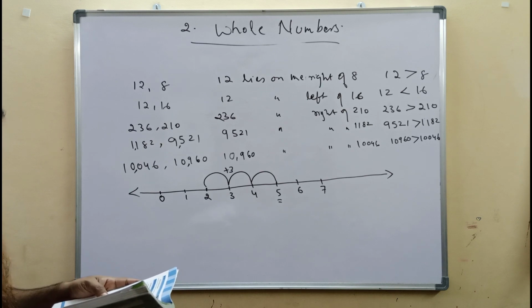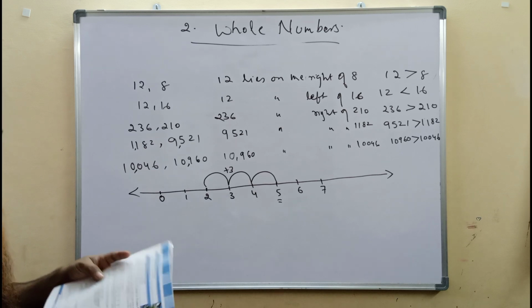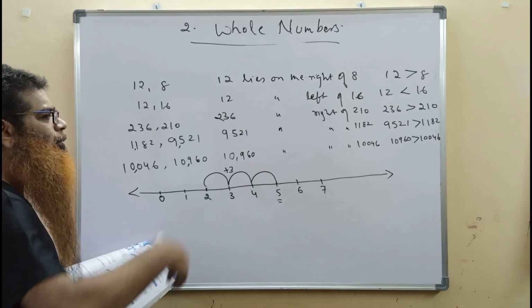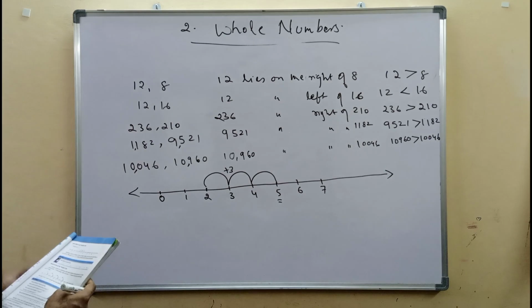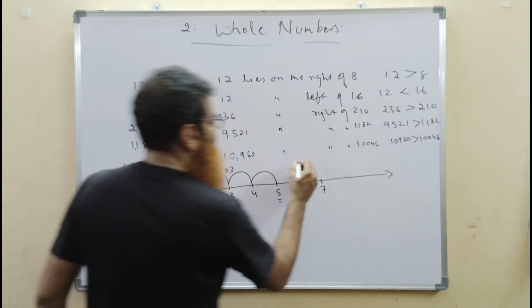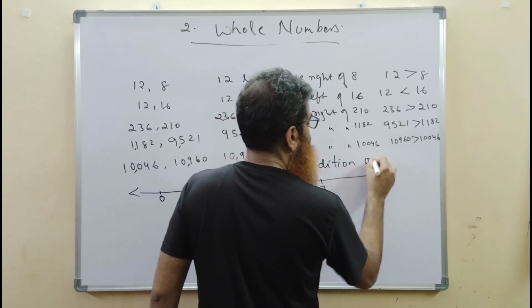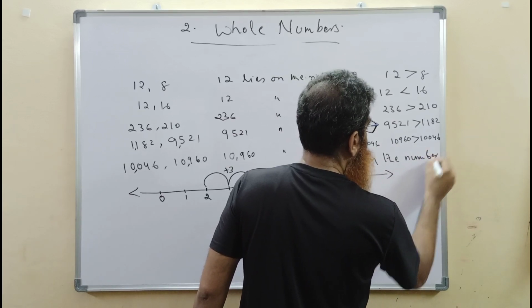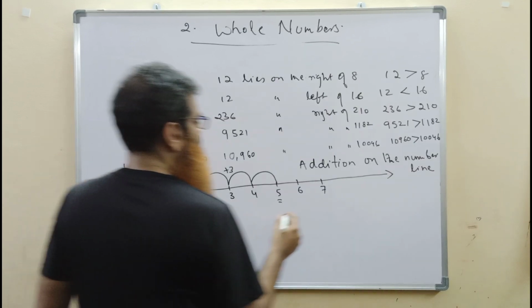Whenever we add two numbers, we move on the number line towards the right, starting from any of them. This was addition on the number line.